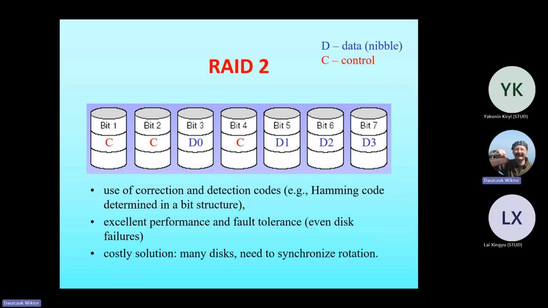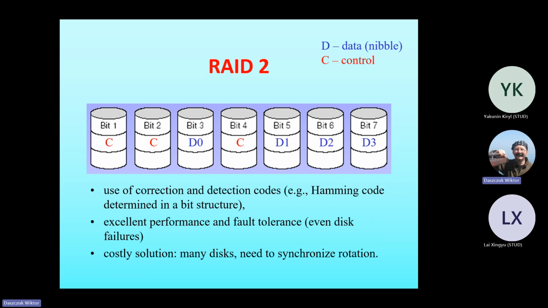So we have a beginning of track signal at the same moment in time for all disks. They are synchronized. It's very expensive. So such RAID is not used nowadays. It's very safe because it uses a correction code.